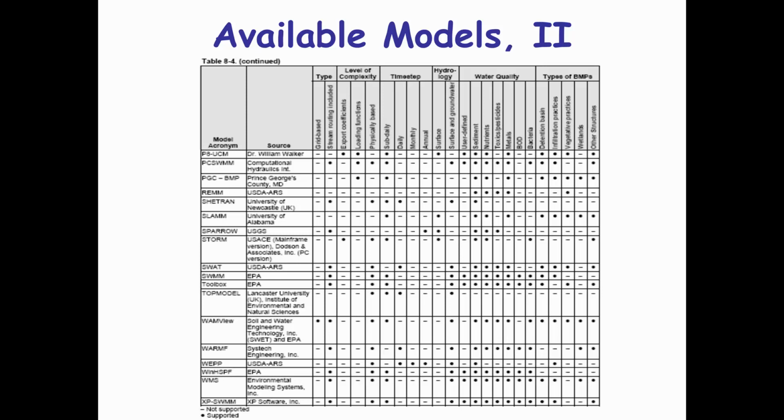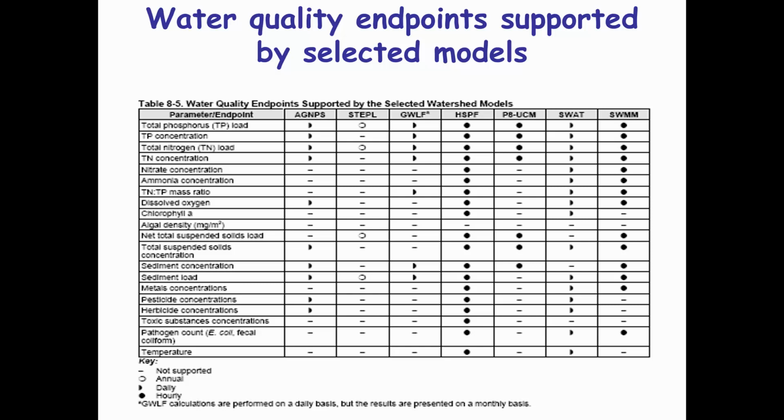And this is just a continuation. It has some other models like the SWAT model, SHETRAN, and so forth. These are some of the water quality results, the outcomes that you would get out of any one of these types of models. This is not the complete set of models, so some of these are the ones that are most used for TMDL analysis: AGNPS, HSPF, and the SWAT model.